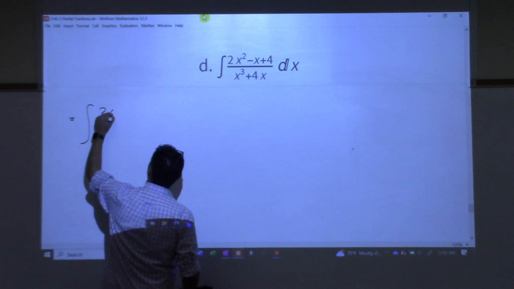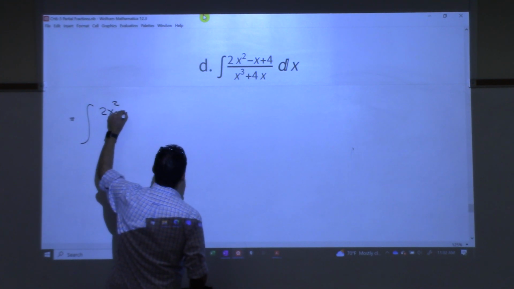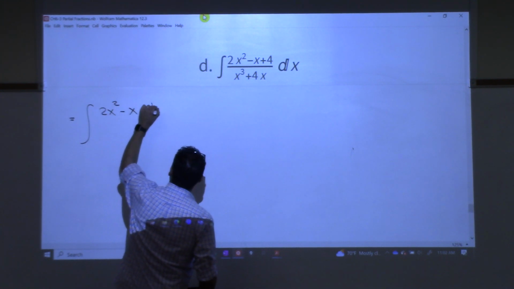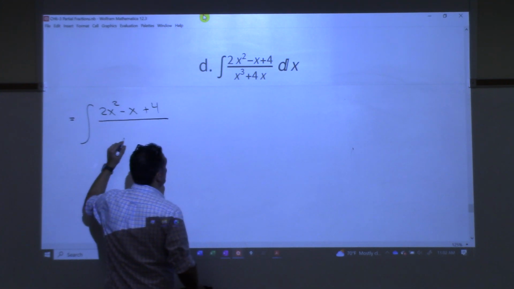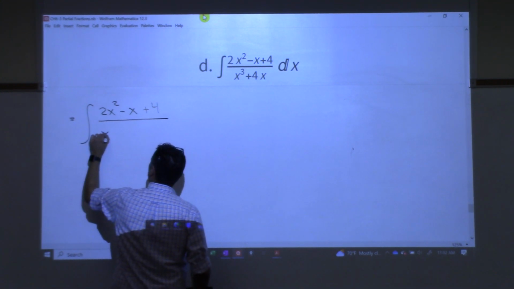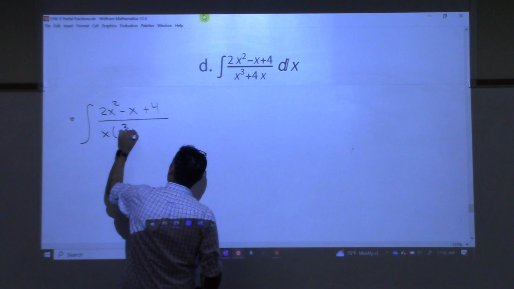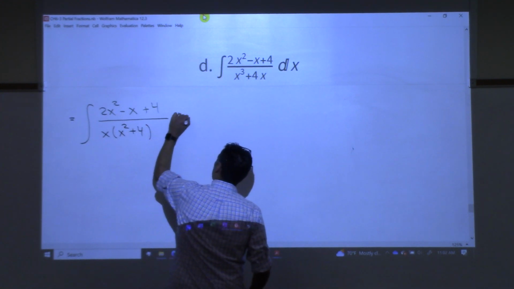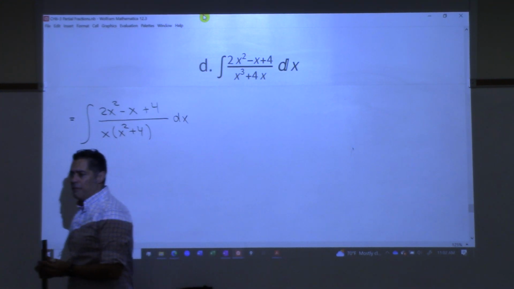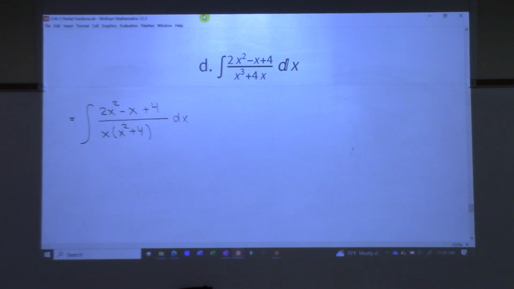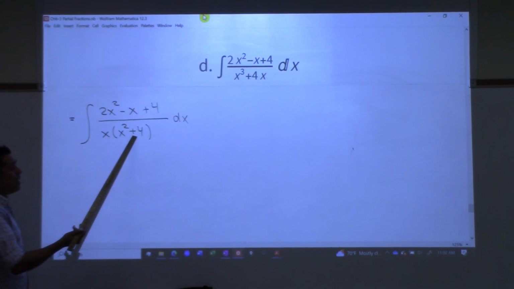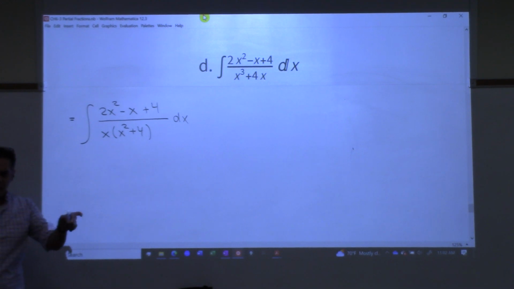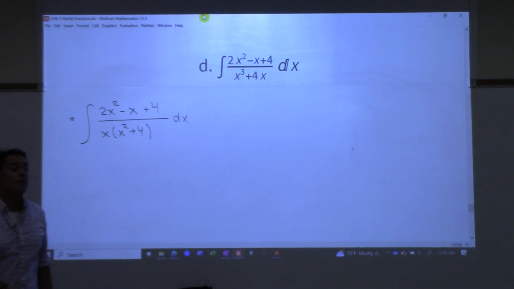On the bottom, can you factor that at all? Yeah, you can just pull a GCF out, the greatest common factor. All you can do is pull an x out. You'll be left with x squared plus 4. And that's it. You cannot factor x squared plus 4. There's no formula for that. If it was a minus, then yes, you could do x plus 2, x minus 2. Not for the sum of squares.